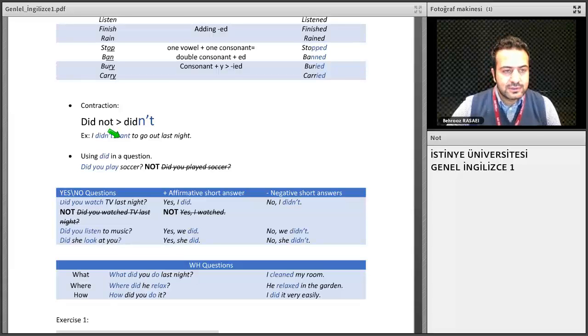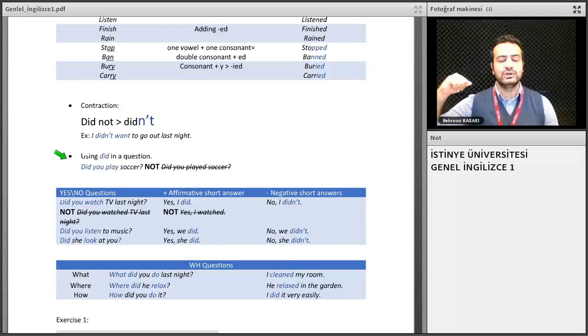So, look, didn't, and after didn't, you need to use verb 1. So, don't add ed after didn't. So, didn't want. You are talking about the past, and you are using didn't to make your sentence negative.